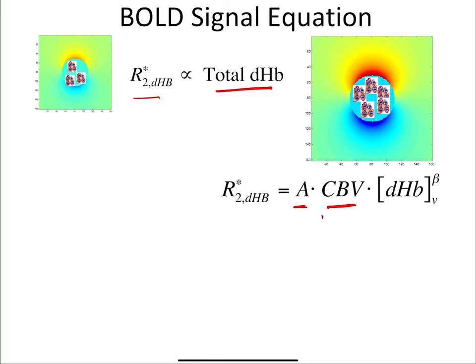CBV stands for cerebral blood volume. So how much blood is there? Typically in any given area of cortex, about 4% of that is blood. And then the concentration of deoxyhemoglobin also matters. So how much blood is there, and then how much deoxyhemoglobin concentration there is in that blood.